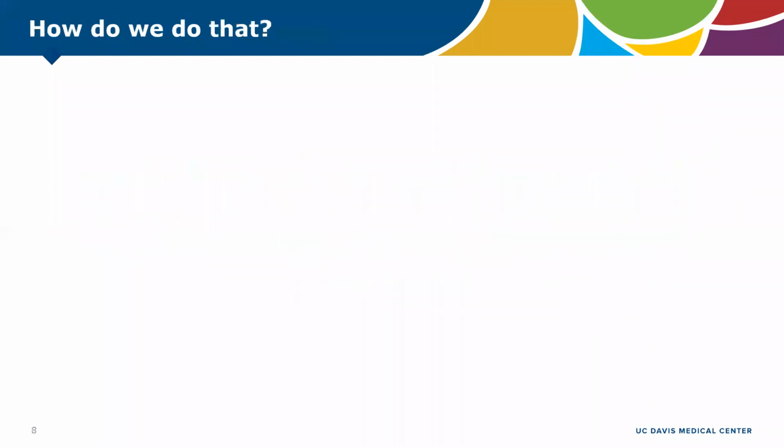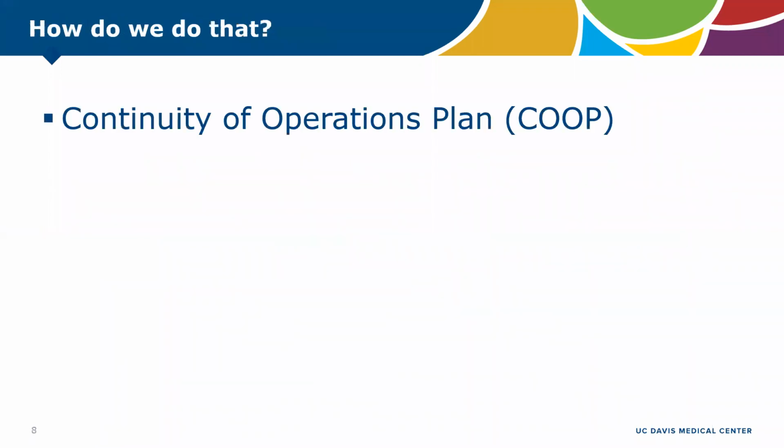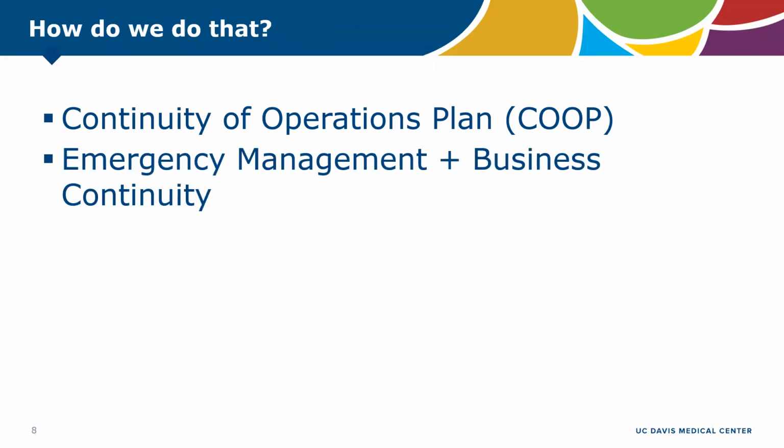First things first, continuity of operations plan. Many of you may be familiar with an emergency operations plan, an EOP, or a business continuity plan and business impact analyses and strategies for mitigation and all of those different ways of doing it. When you look at an overarching method of a continuity of operations plan, that's the emergency management side plus business continuity.